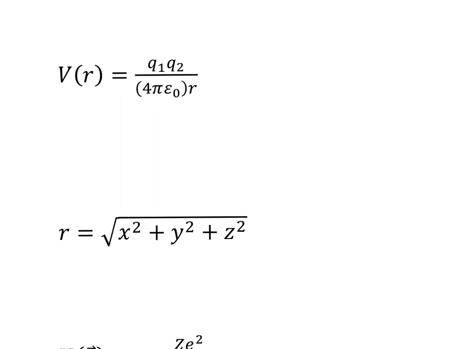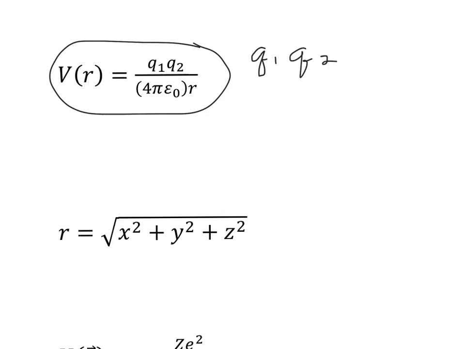Now the potential energy for two charged particles is given by this formula. V of r is the product of the charges, Q1, Q2, and in standard SI units, these would be charges in coulombs.